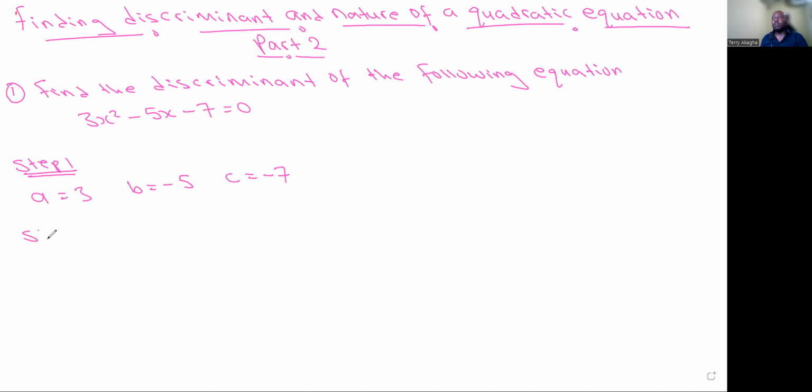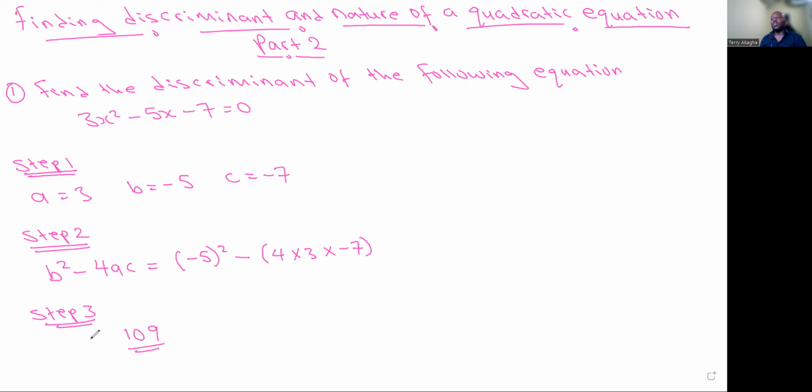Then step 2 is to substitute into the formula, which is B squared minus 4AC. That gives minus 5 all squared minus 4 times 3 times minus 7. And step 3, you were told to simplify. When you press this in your calculator, it will give you 109. So the discriminant for this is 109.